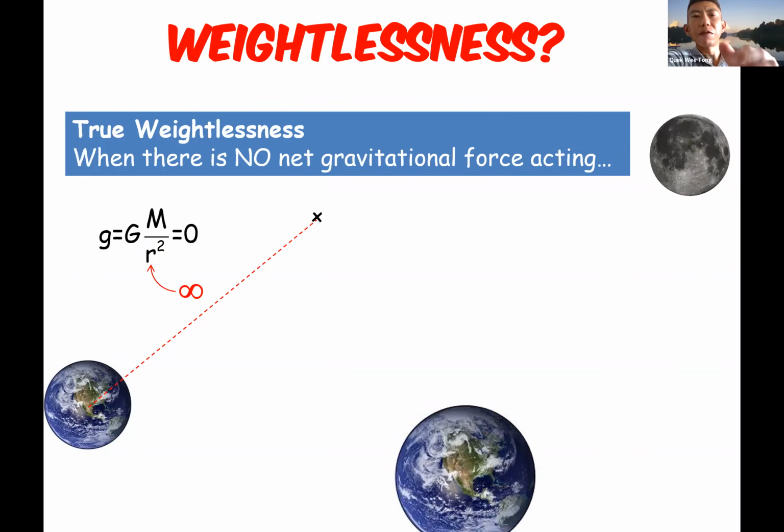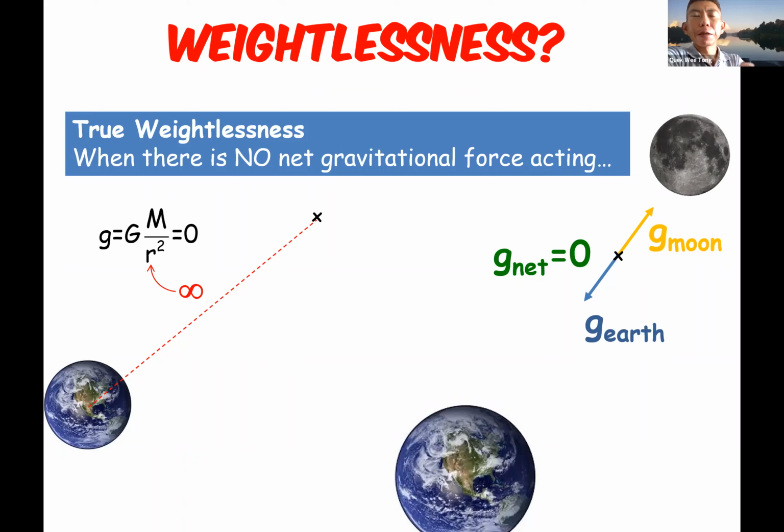Let's just say the Earth and Moon system. Somewhere in between, Earth and Moon are always playing tug of war. If you are nearer to Earth, Earth will pull you stronger than Moon. Too close to Moon, Moon will pull you stronger than Earth. Somewhere in between, you'll find a balance point. They pull you with equal strength. So that's where you will expect the net g to be zero. So that's another point whereby you feel weightless.